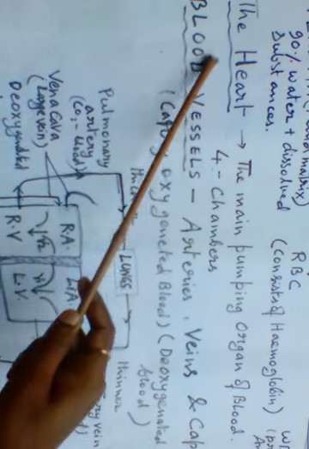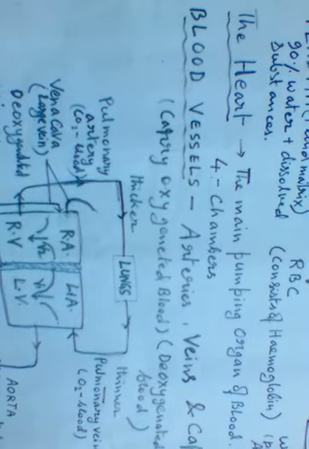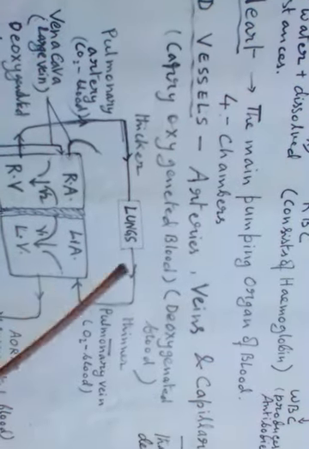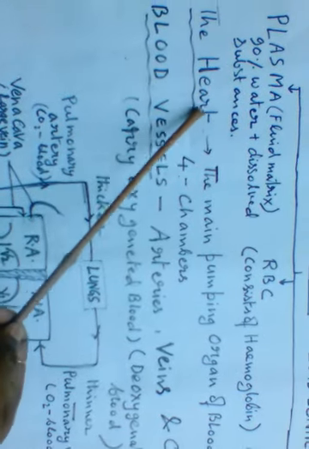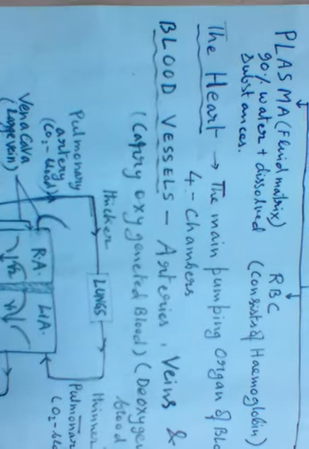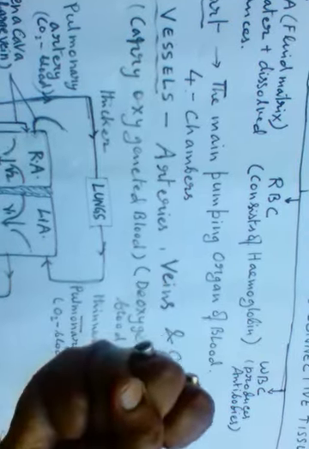So now let's see how the transportation occurs and what the component parts of human blood transportation are. The main organ is the heart, which is about the size of your clenched fist, placed on the left side of your body.